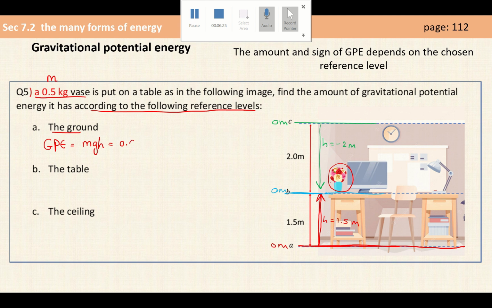Its mass is 0.5, and g is a constant value, always 9.8, unless mentioned otherwise in the question, times h. Now, because we chose the ground as the reference level, this vase is 1.5 meters above the reference level, so it's positive 1.5.